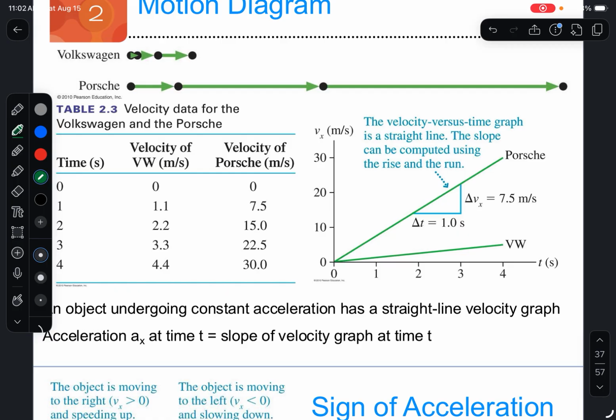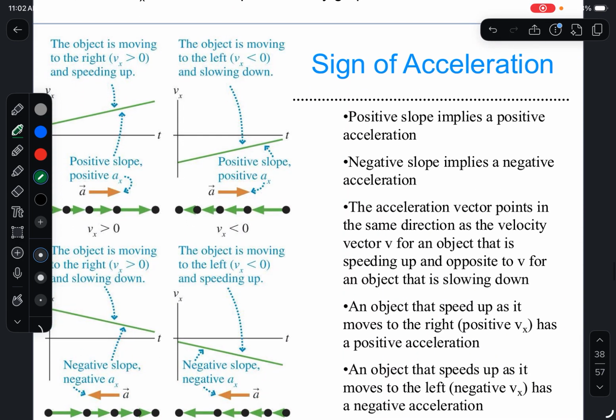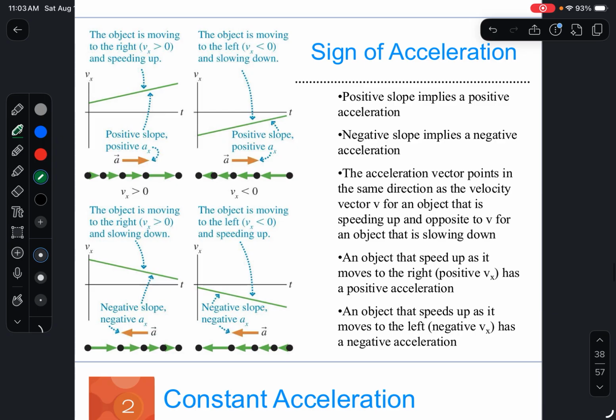At any time, I can find the slope of that straight line, and that will give me my acceleration. If we look at the signs of acceleration, a positive slope implies a positive acceleration. A negative slope is going to imply a negative acceleration.